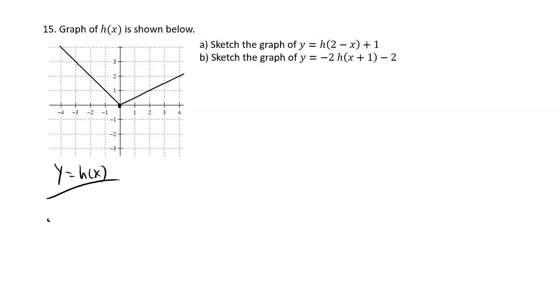So y equals 2 plus h of 2 plus x plus 1. So think about going from here to this. Well, this is the same thing as h of x plus 2 plus 1, right? What is that? That's 2 steps left and 1 step up. It's a shifting of 2 steps left and 1 step up, right? So that's the transformation involved.